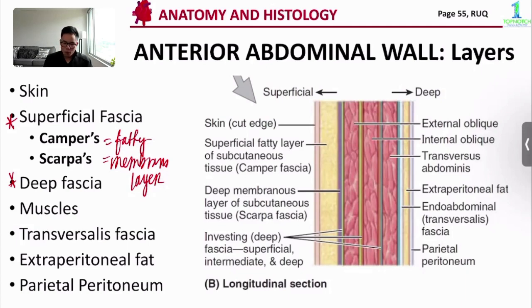It's also very important that the Camper's fascia later on will merge with the superficial fascia of the thigh, as well as the perineal fascia. Okay, the deep fascia, on the other hand, covers most of the muscles, and it continues over the spermatic cord as the external spermatic fascia.